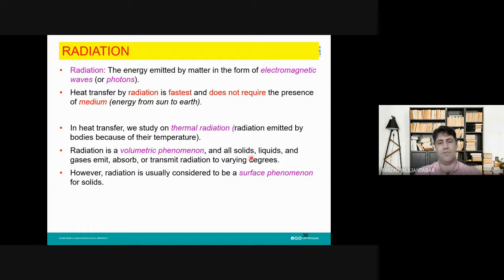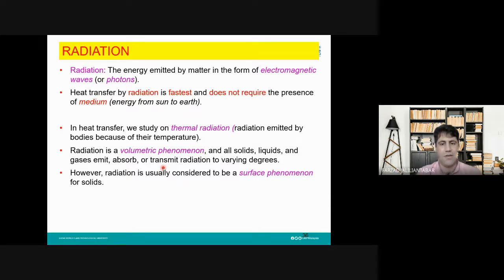As mentioned, solid, liquid, gas, they emit radiation. And also, for radiation, we need to notice any substance emits radiation and receives radiation. When it receives the radiation, some part of that is absorbed by the substance, and some of that is transmitted.